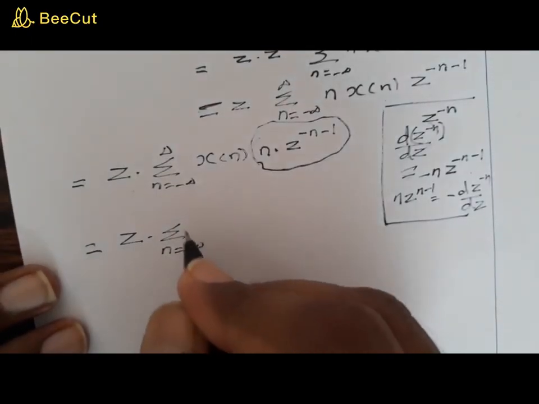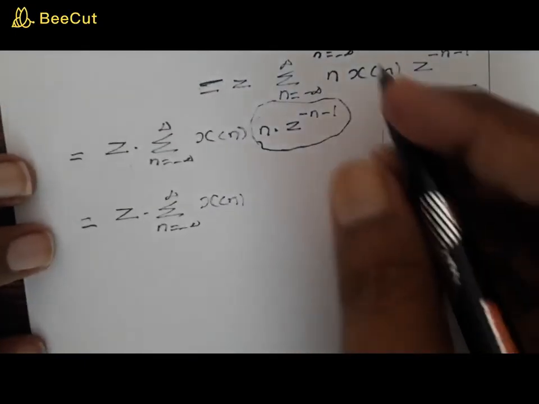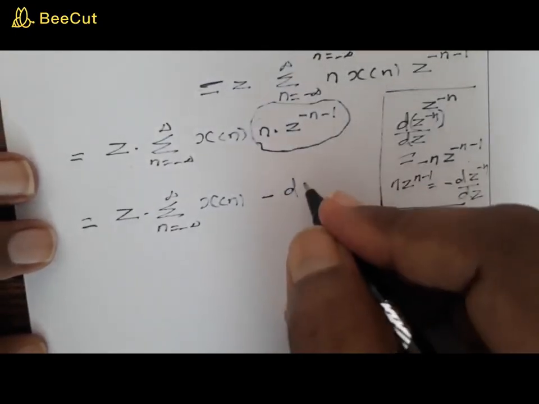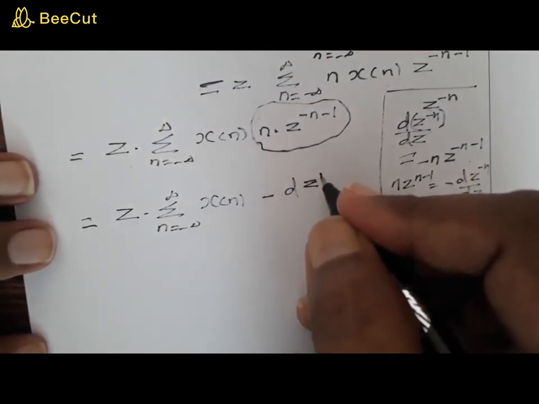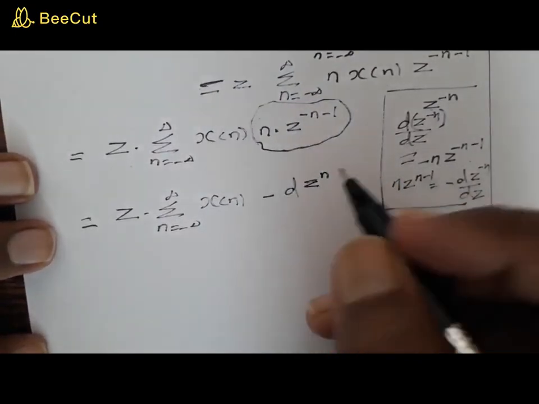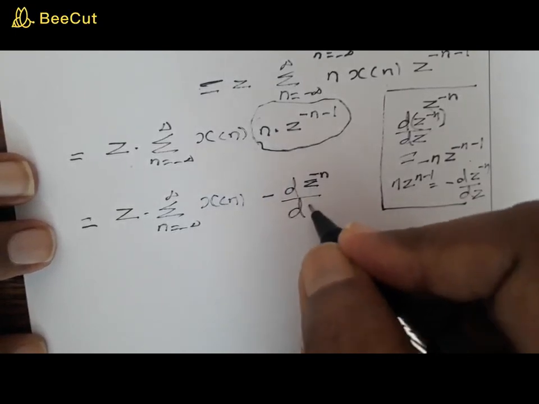So in the next line you can rewrite this expression as the sum from n equals minus infinity to plus infinity of x of n, times negative d of z raised to minus n by dz.